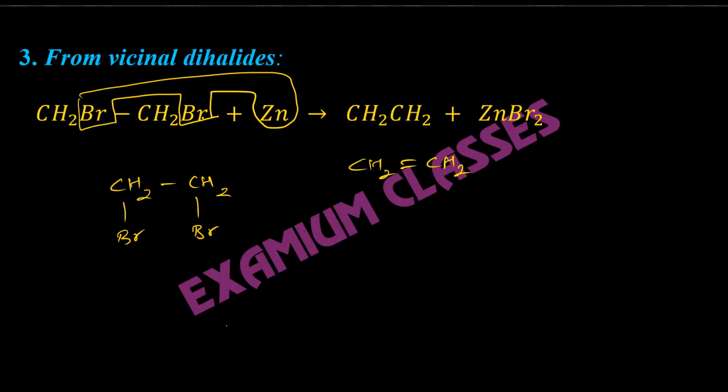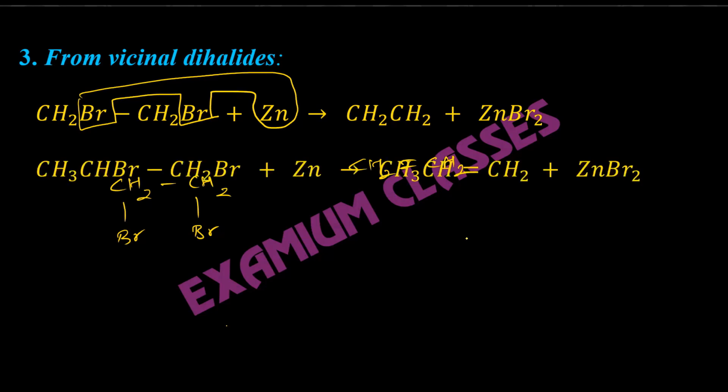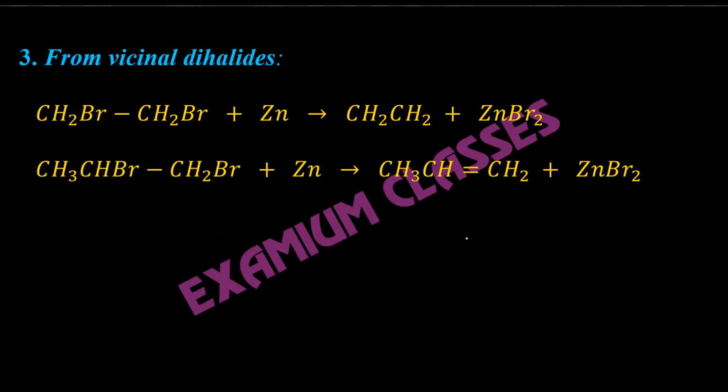The rest will join, CH2, CH2 will join to produce the alkene. Keep writing these reactions, and after the class, just give 10 minutes to go through all these reactions. You will be able to recall these questions later on.